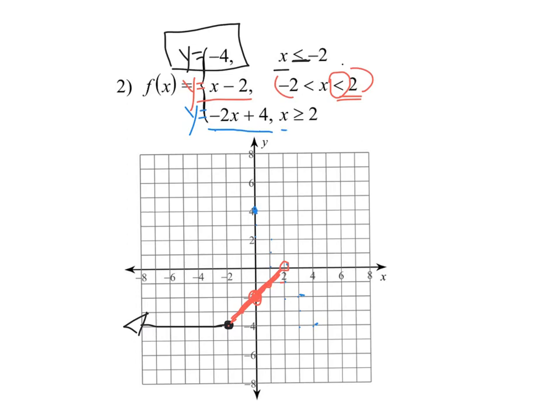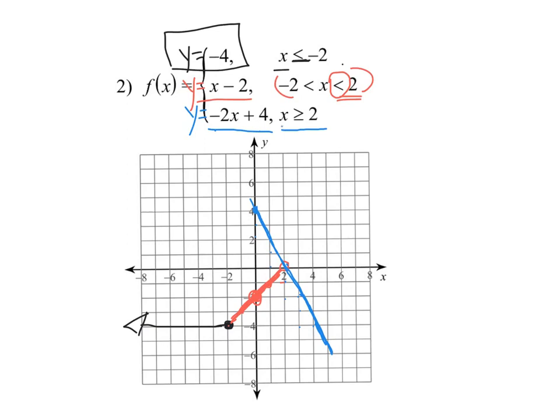Now I need to look at my constraint. My constraint is x is greater than or equal to 2. Well, the graph is really going to pass through. See how straight of a line I can make freehand. It's going to pass through here.